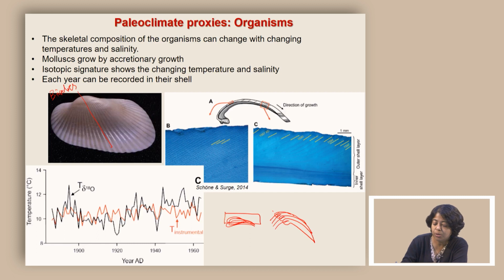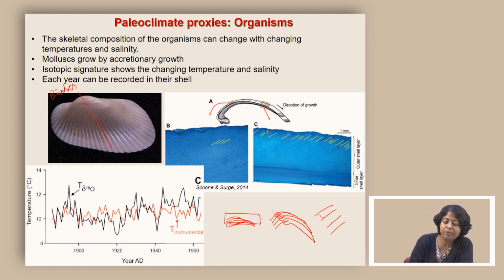Well, it is possible, because if you have growth like this and each of these indicates a year, and you sample between them, that is going to tell you something about what is happening within a year. Then you can come up with very, very high precision changes in oxygen isotope through time.